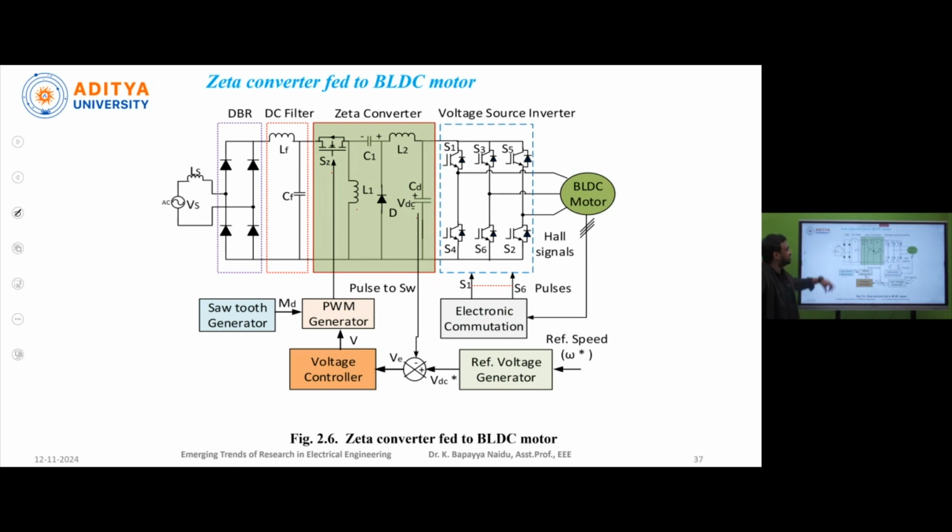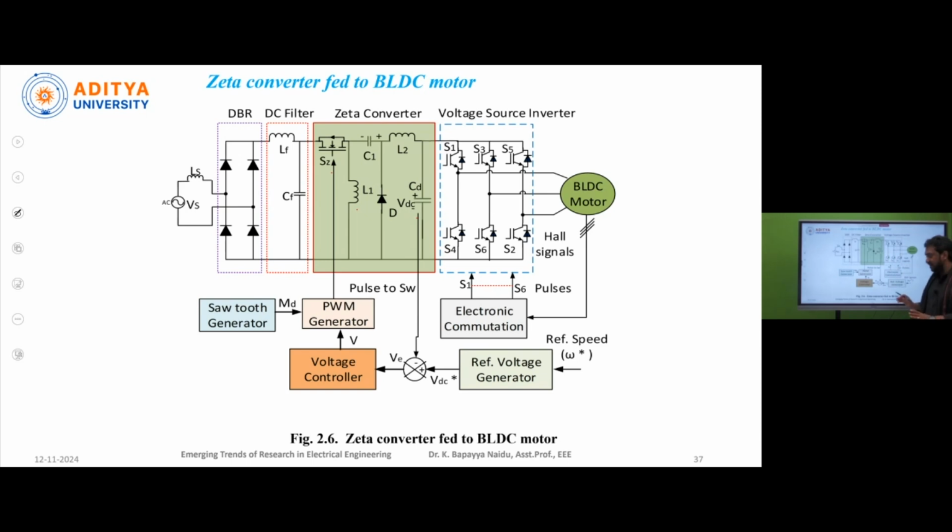Why do we go for this zeta converter? Because compared to the SEPIC converter, the zeta converter has high efficiency. In general, theoretically, that is what I am talking about for electric vehicle applications, particularly when you are using the BLDC motor.